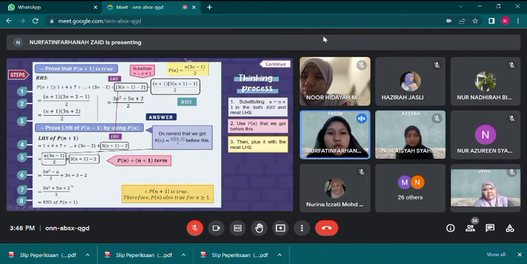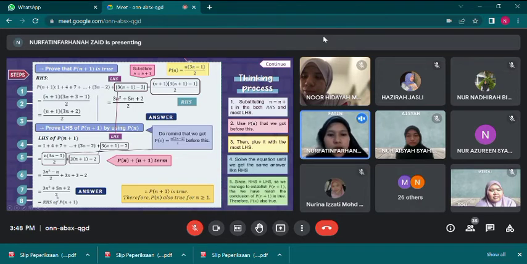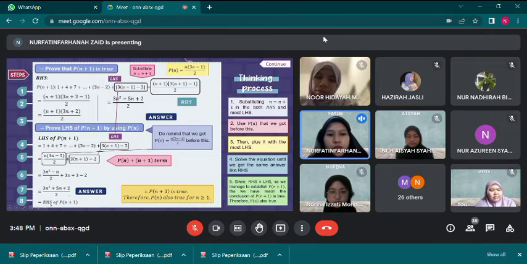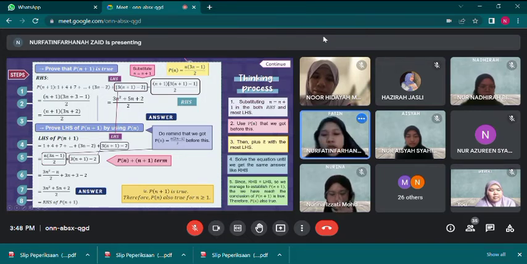Then you have to solve it until you get the same answer as the right hand side. As you can see here, the right hand side and the left hand side give the same answer. Then it is proven for Pn plus 1. For the conclusion, we write, therefore Pn plus 1 is true. Therefore, or hence, Pn is also true for n more than or equal to 1.